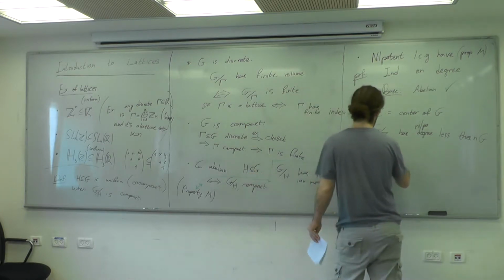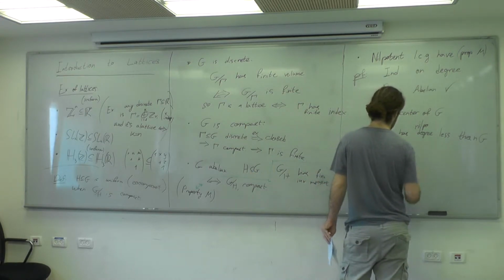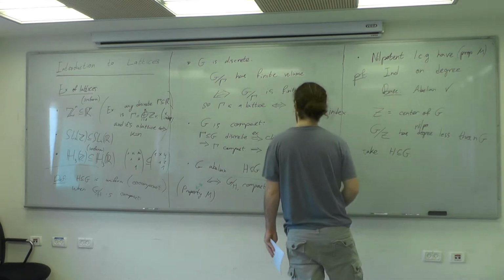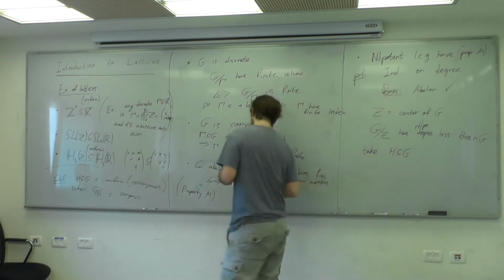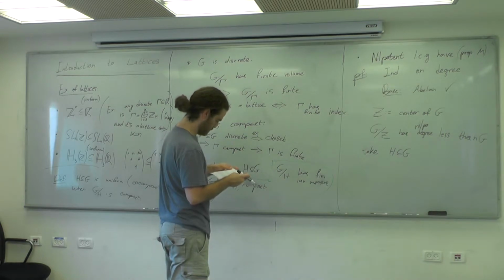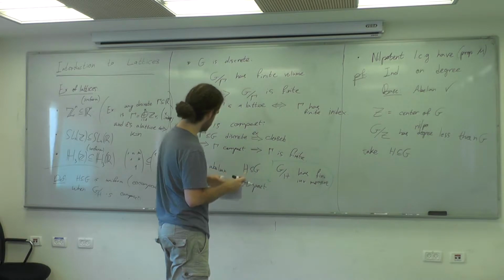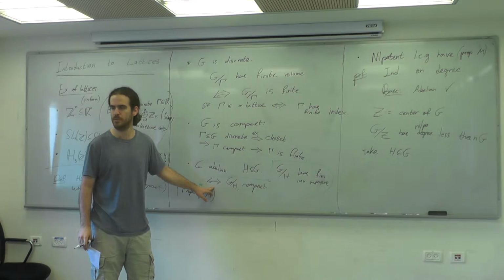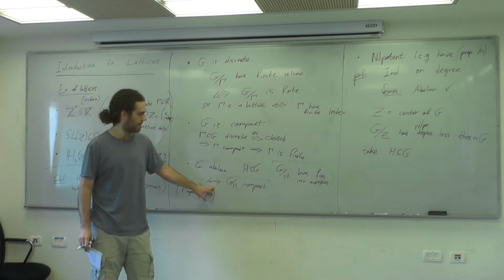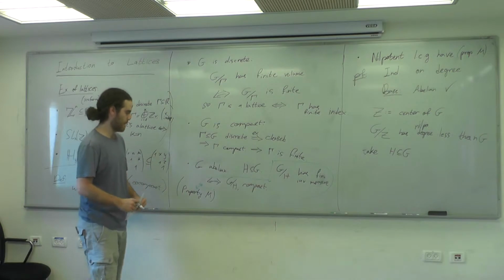We take H in G and assume, wait, is it an if and only if in the property M description, or just one direction? No, a group could be compact without having, I mean, G mod H could be compact without H having finite invariant measure.